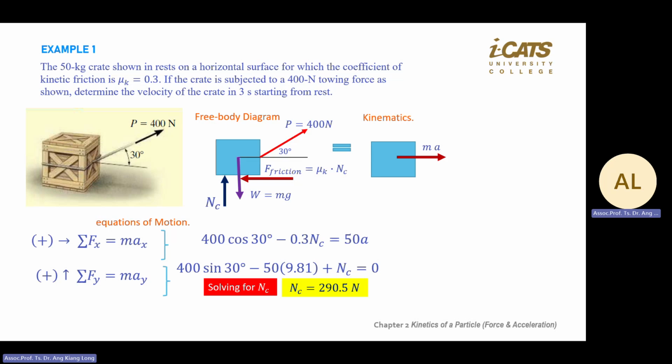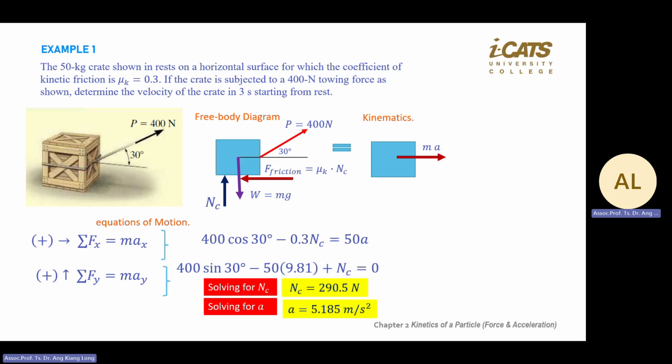NC equal to 900 or 200 something in the unit of Newton. Then solving for A is 5.185 meter per second square. Unit important. Unit important. If the answer is 2 marks, without unit, you only get 50% of the answer.